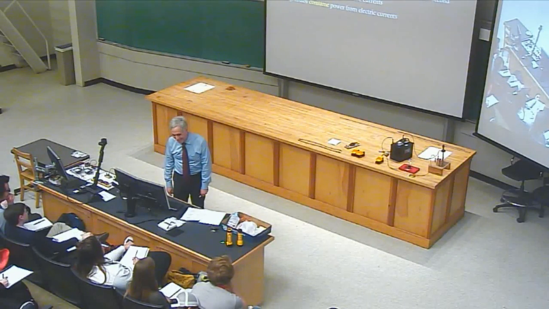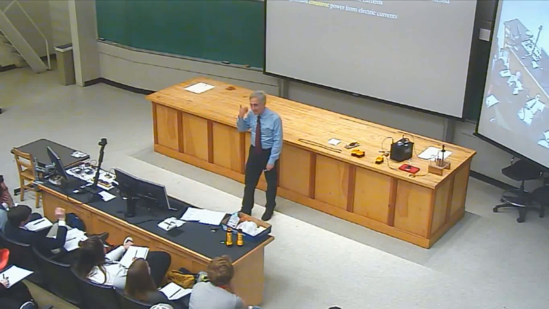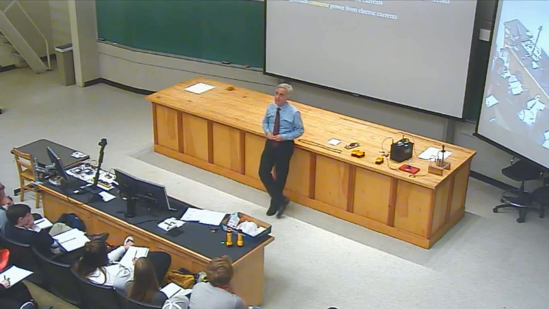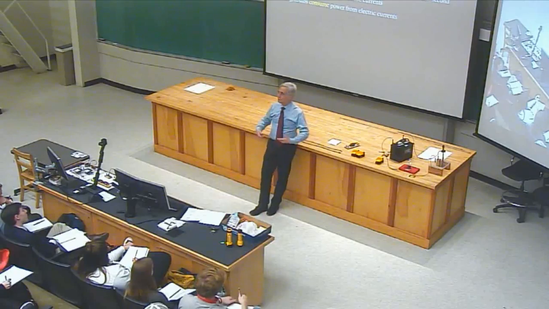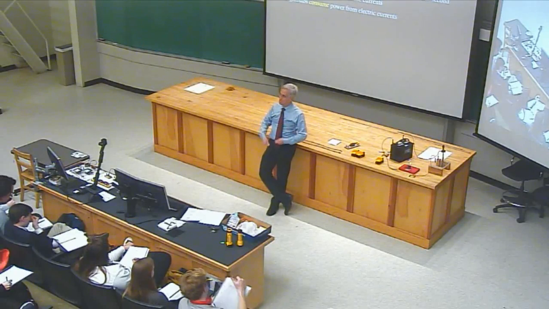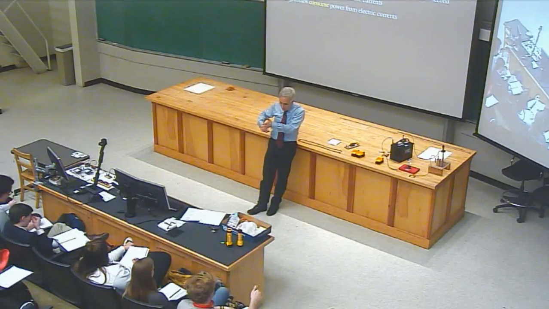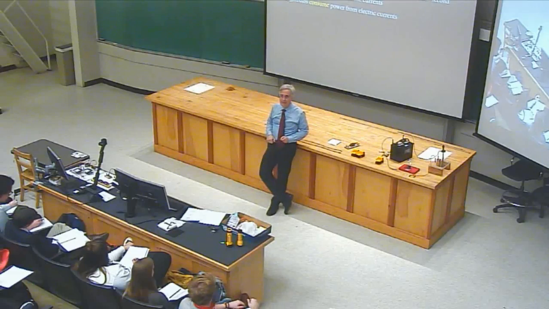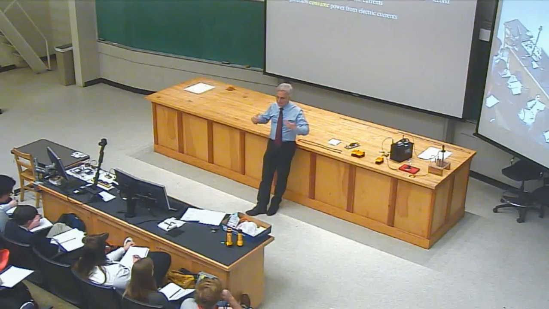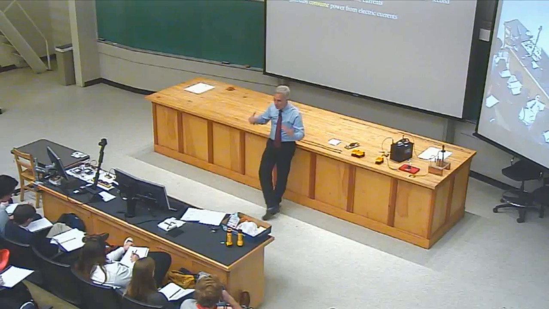Yeah. All right. So current. I've talked about power. How about current? Current measures the delivery of charge, or the amount of charge passing a location every second. Again, it's a rate at which something's happening.